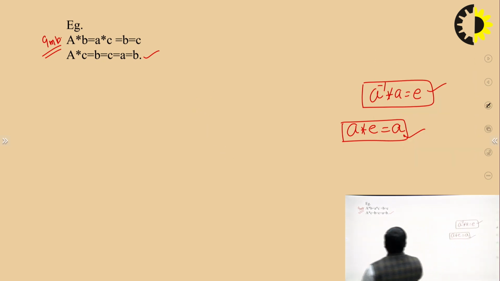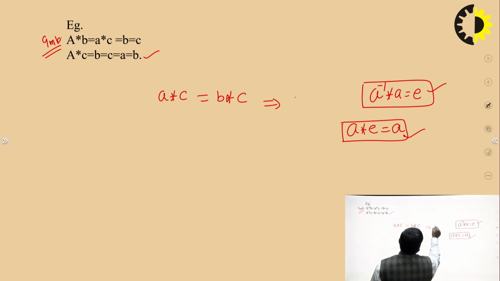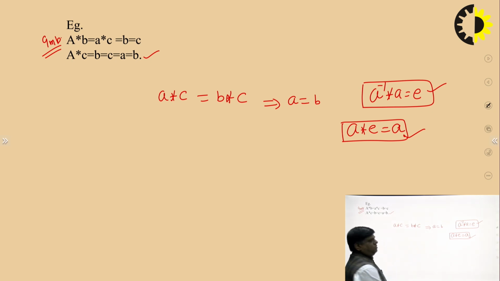Here is A into C equals B into C. Now A is equal to B. For this, we multiply both sides by C inverse.